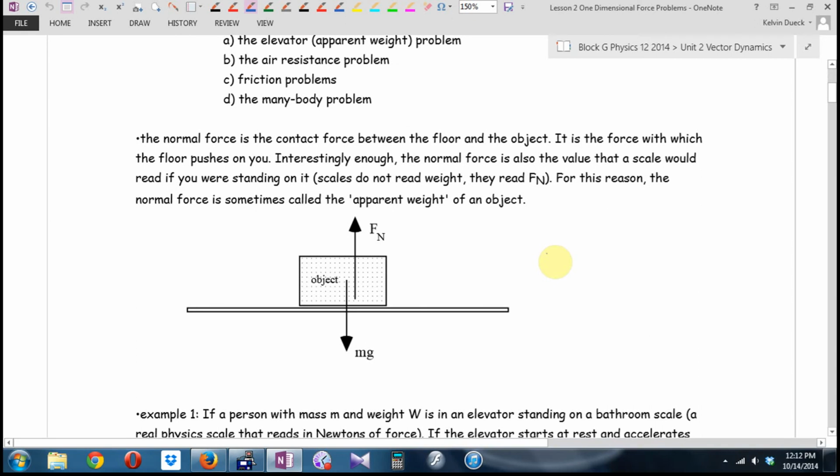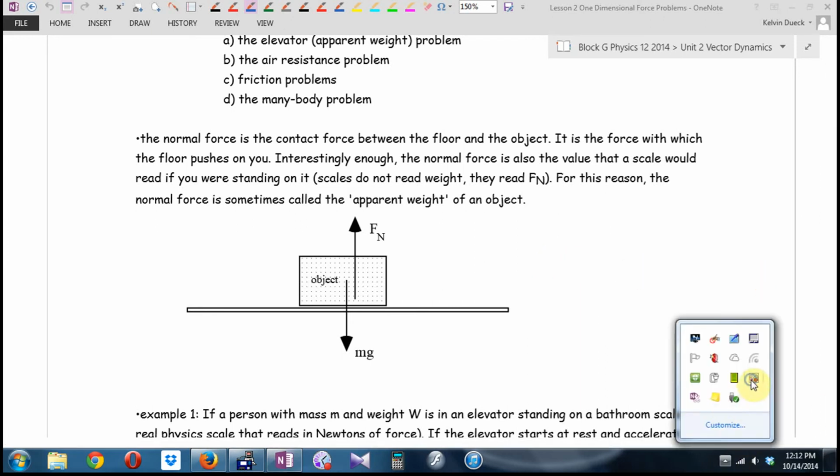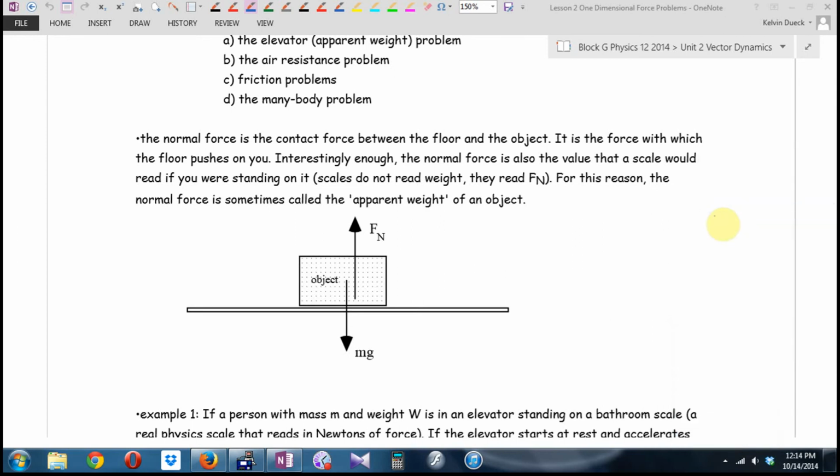The normal force is the contact force between the floor and an object. It's the force with which the floor pushes back against you. Interestingly enough, the normal force is also the value that a scale would read if you were standing on it.